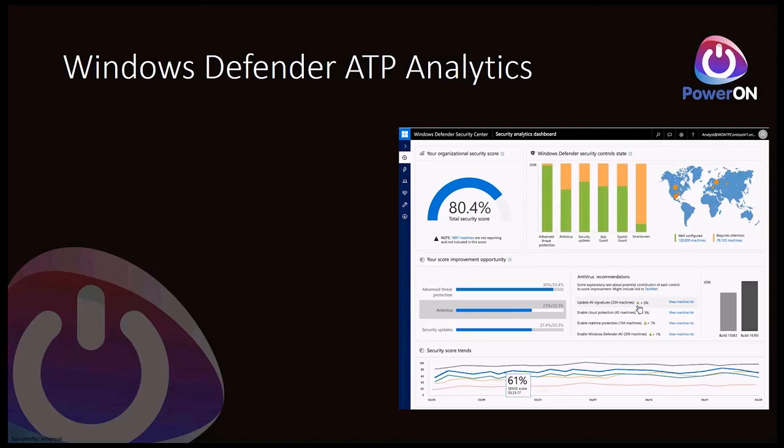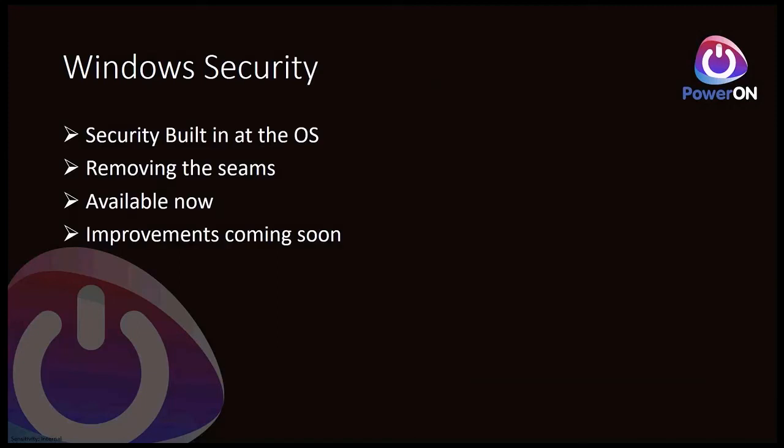So, quick summary: Windows security is built into the OS already. Trying to remove the seams, remove the joins, try and reduce the avenues of attack. This security is available now, so it's definitely time to start using it. We've got some extra features coming soon, at the end of this month or start of next month.